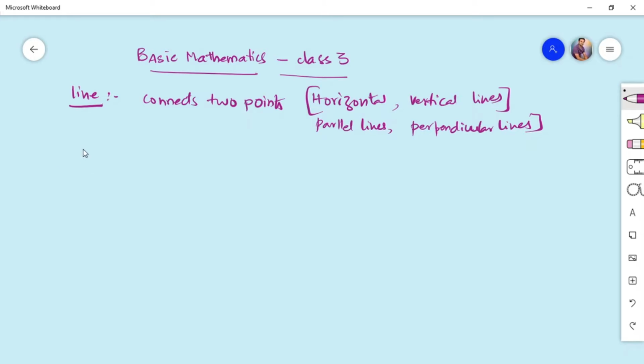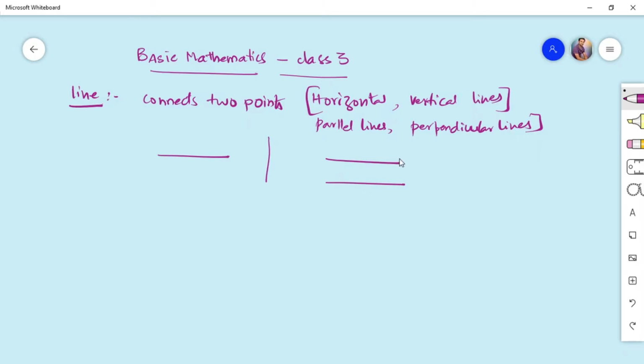So here, what is a parallel line and what is a horizontal line? Now you see, this is a horizontal line, this is a vertical line. A horizontal line is 180 degrees to its horizon, a vertical line is 90 degrees to the horizon, and parallel lines are lines which are parallel to each other.